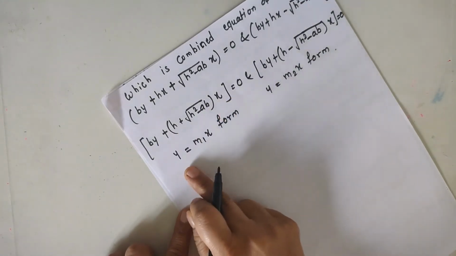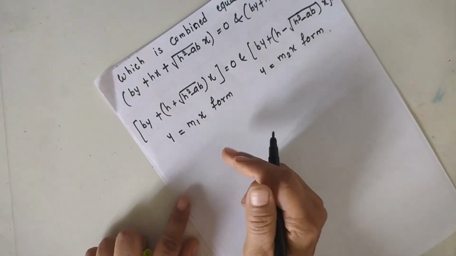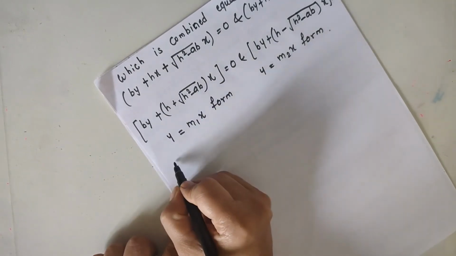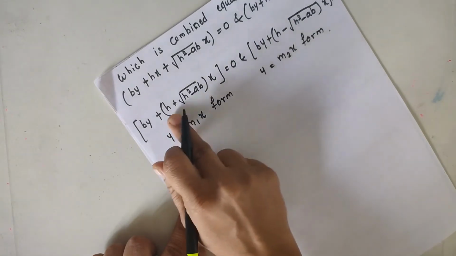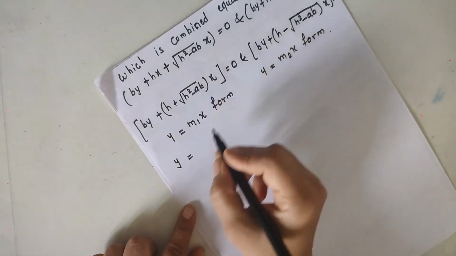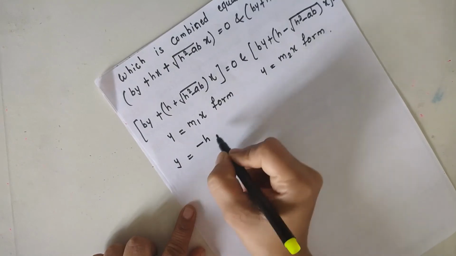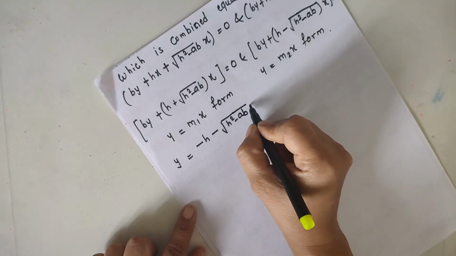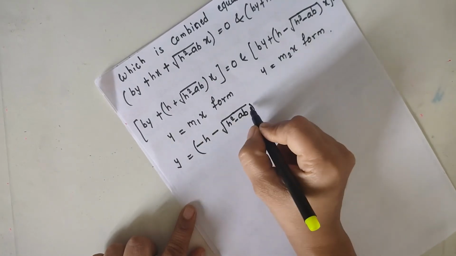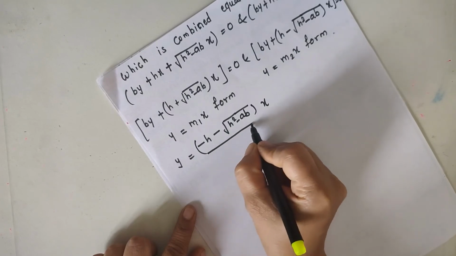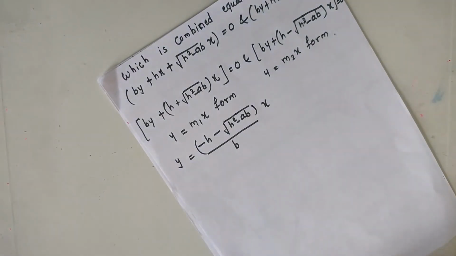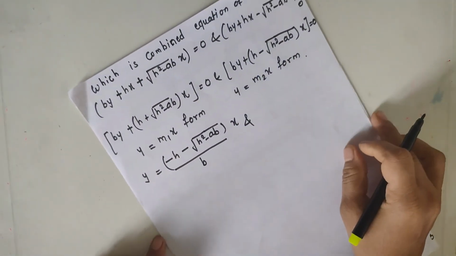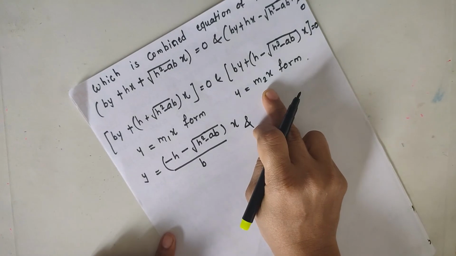So write the first equation in y is equal to m1 x form. Here m1 is the slope of the line. So this equation can be written as y is equal to, shifting this term to the right side, minus (h minus under root of h square minus ab) into x divided by b, and the second equation can also be written in y is equal to m2 into x form.